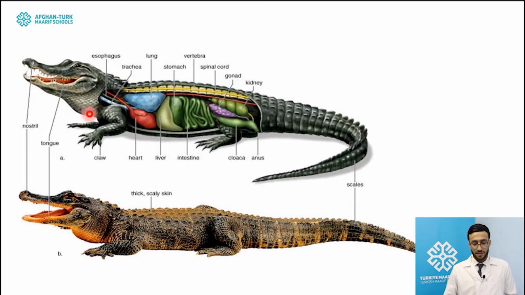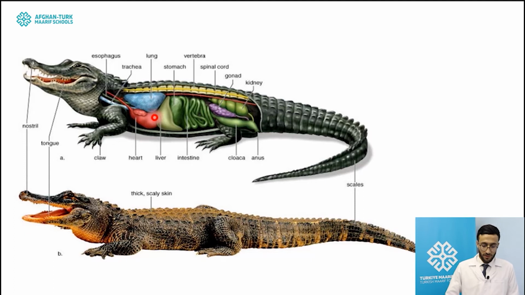But inside the crocodiles, you can see most of the systems, for example, the digestive system, the circulatory system, the nervous system that is like a straight line at the back of the animal, and the cloaca, which is used in order to produce offspring, along with the gonads, which are called reproductive organs.